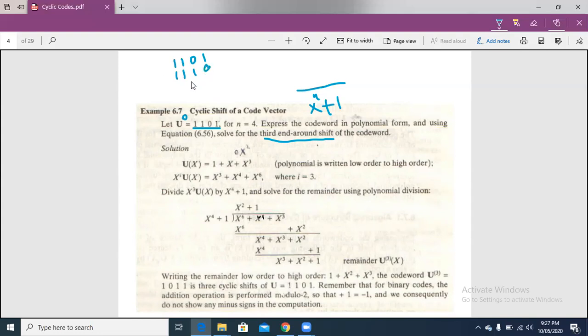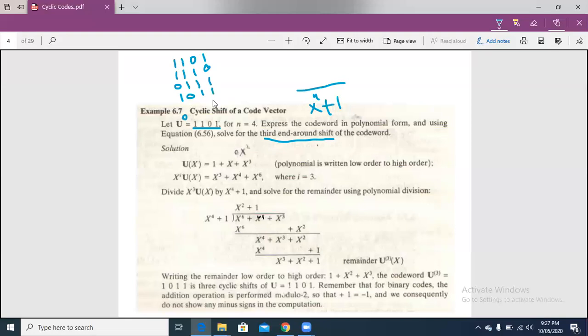And at the next time, we will get 1, 1, 1, 1, and 0. And at the next time, we will get this one here again, and this we will get this 1, 0, 1, 1.